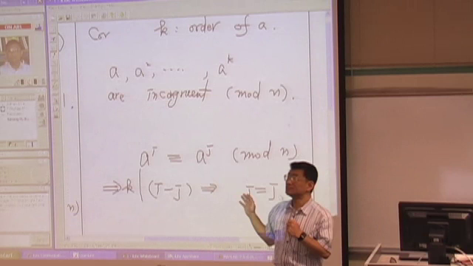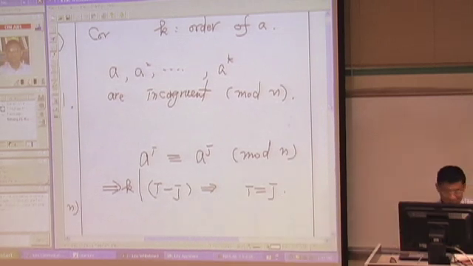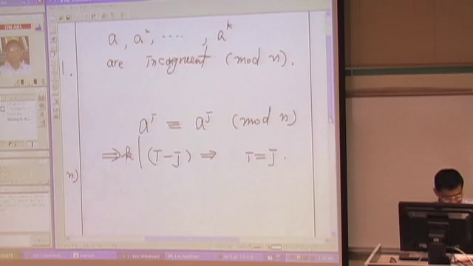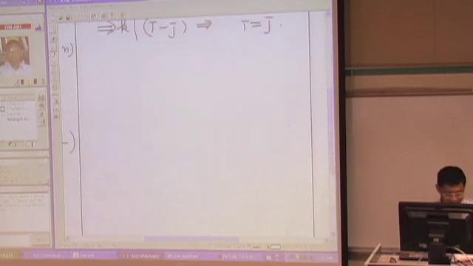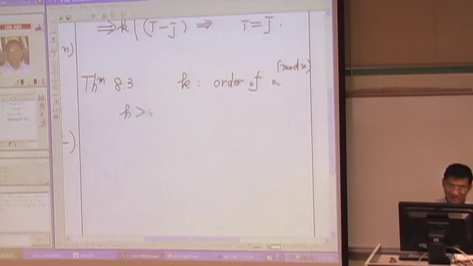Any questions? The next thing is Theorem 8.3, which says, with the same condition, k is the order of a mod n, and h is positive.